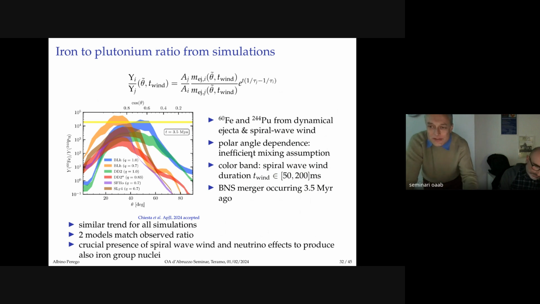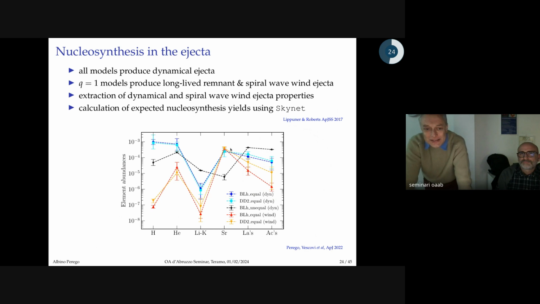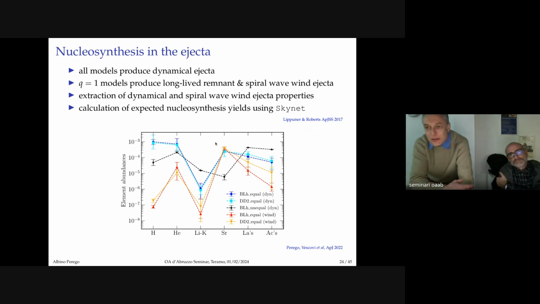Like, for instance, strontium coming from a neutron star merger, it's impossible. Well, it's impossible because you never computed the model. And I guess that the more models are available in the next years, the more the observers will be guided in understanding.